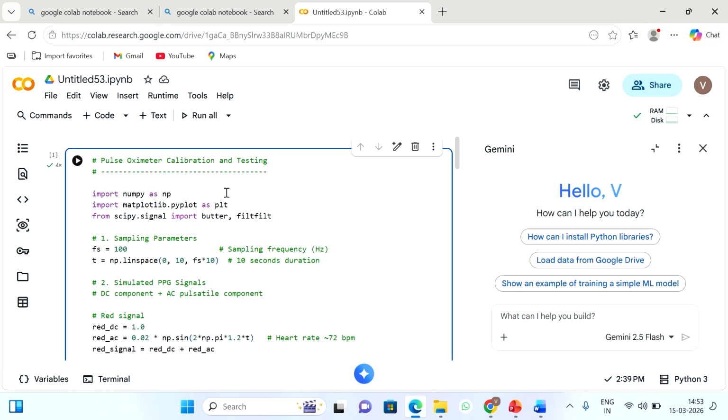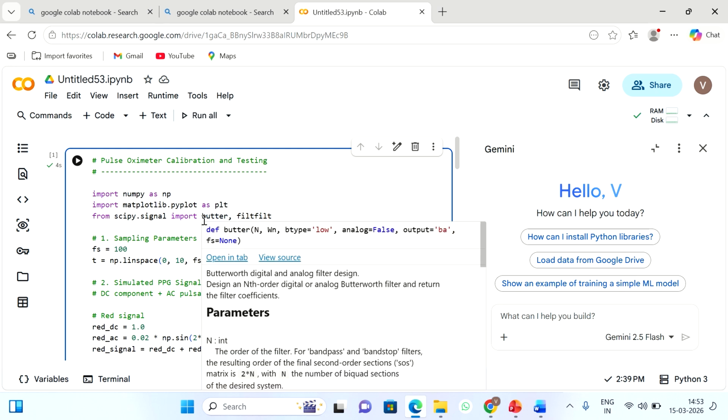Like that, we can draw so many outputs. And here PPG signals are taken from our body, so for the signal functions, from the signal module of the SciPy library we have to import the signal functions. There are so many signal functions, but in this experiment we need the butter and filtfilt filter.